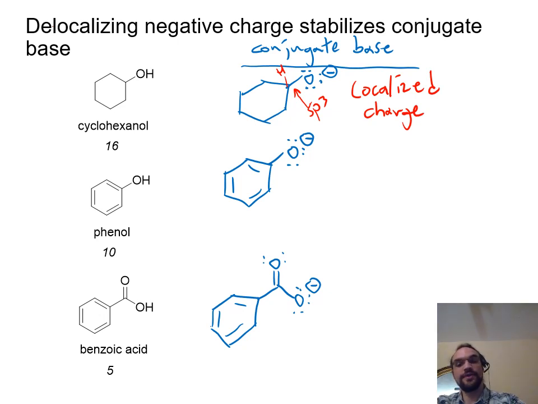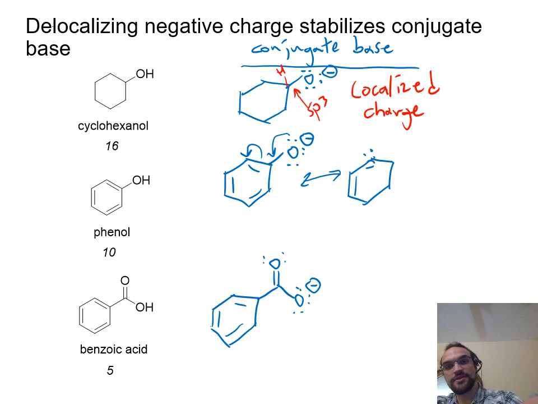It's not resonance stabilized. If we go to phenol, however, in this case we have a benzene ring, which means that the negative charge is not fixed on one site, and in fact we can draw a set of resonance structures showing that charge spread throughout the ring.